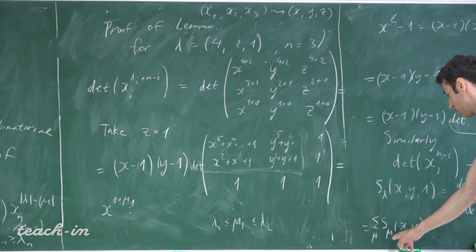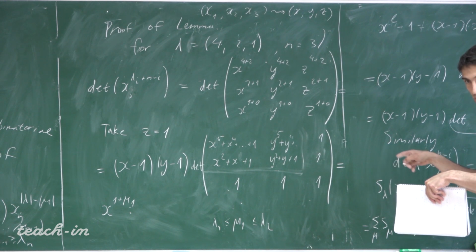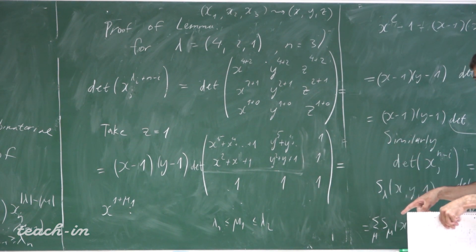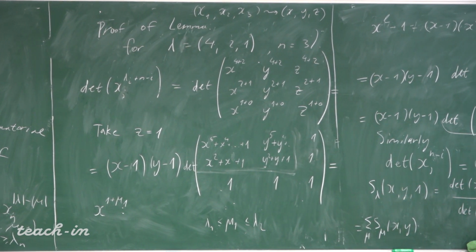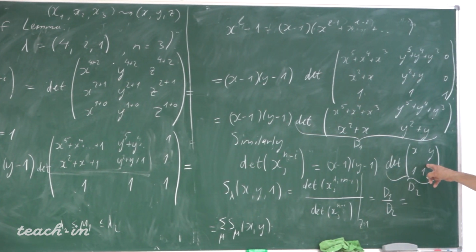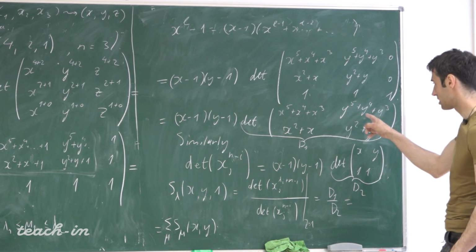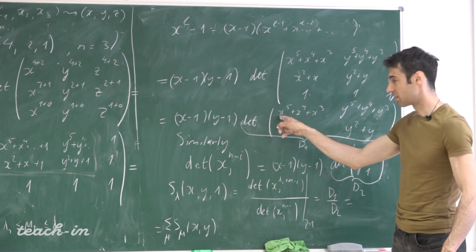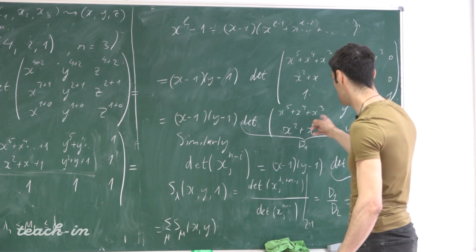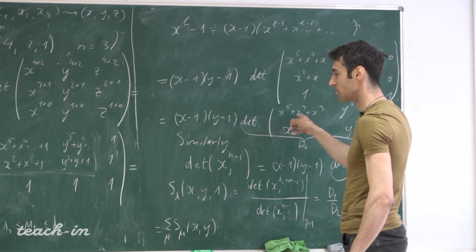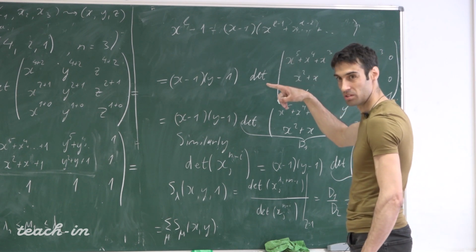Because, well, you just need to check, again, S mu is the determinant of x to the mu i plus n minus i over the determinant of something. So again, the lower determinant is exactly what we obtained here. And the upper, the summation is over all these choices: a term in here, a term in here, a term in here, and a term in here. So let me see that all terms in here are exactly those that are in the matrix in the numerator of S mu.